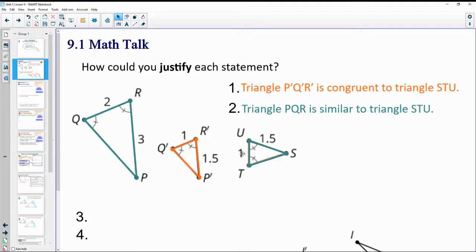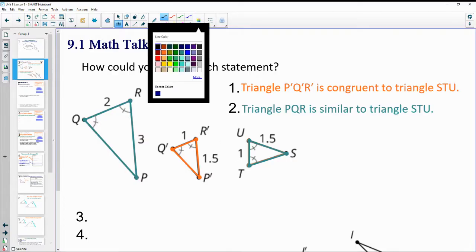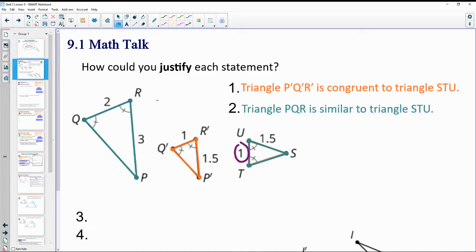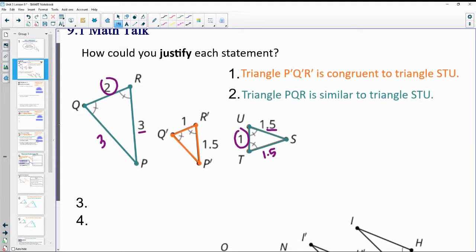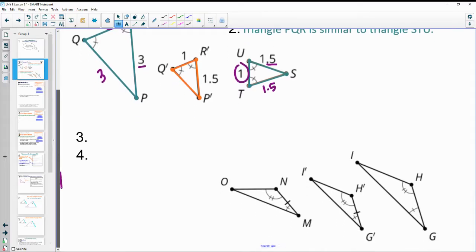And then we see that the scale factor that brings this side to this side is 2. So the scale factor that brings this one to this one is also 2. And because they're isosceles, we know that those side lengths are the same. So we also know that that third set of sides is in proportion as well. So all the angles are congruent and all the sides have a scale factor of 2, or they're proportional.